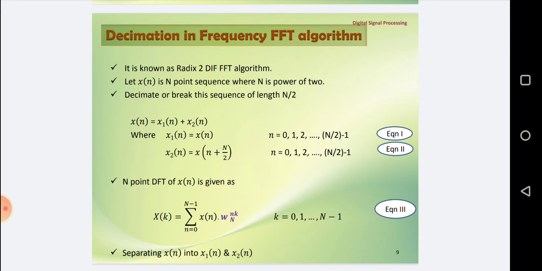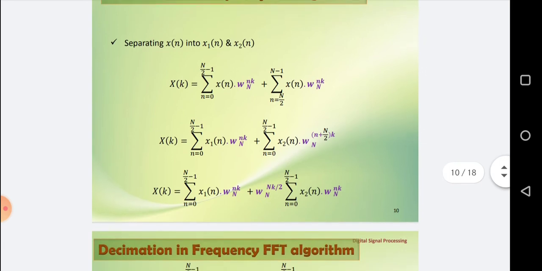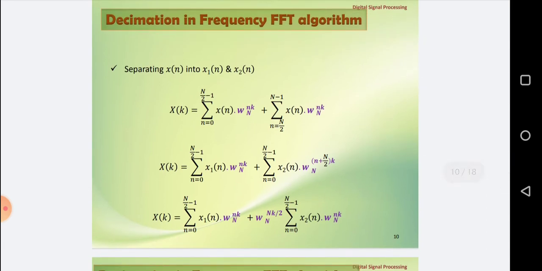Now the n-point DFT of x of n is given as x of k equal to summation n equals 0 to n minus 1 x of n omega n of nk, where k ranges from 0 to n minus 1. Separating x of n into two sequences x1 of n and x2 of n, we will get x of k equal to summation n equals 0 to n by 2 minus 1 x of n omega n of nk plus summation n ranging from n by 2 to n minus 1 x of n omega n of nk.